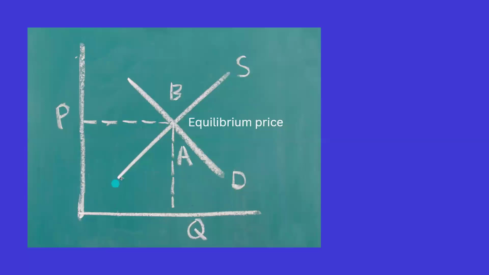And the demand is a downward curve, from the upper left to the down right. And they intersect at the equilibrium price, right? The equilibrium price is the snapshot of the fair price in the market at a point in time.